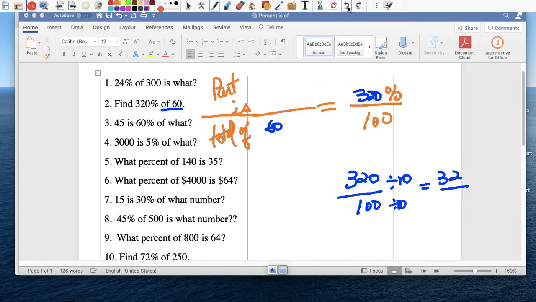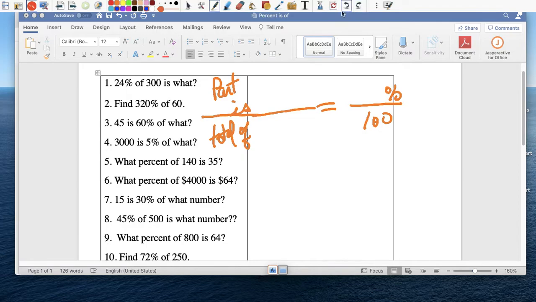Number 3. So number 3 is what is, okay, so let's start with the easy one. Percent, 60%. 45 is, 45 es 60% de cuál número? So 45 is, that goes over here.